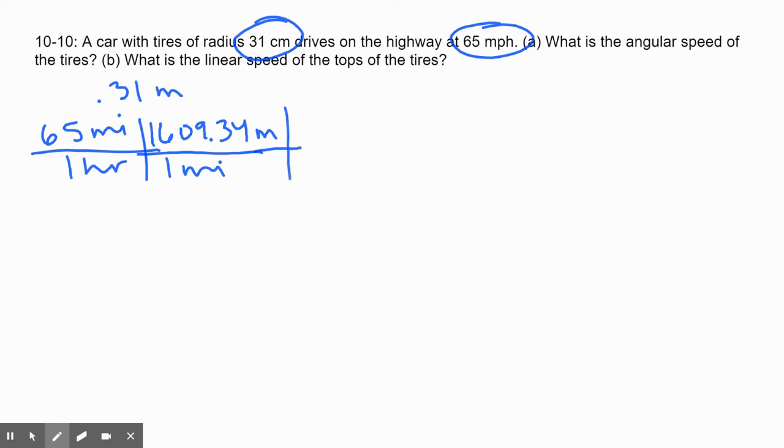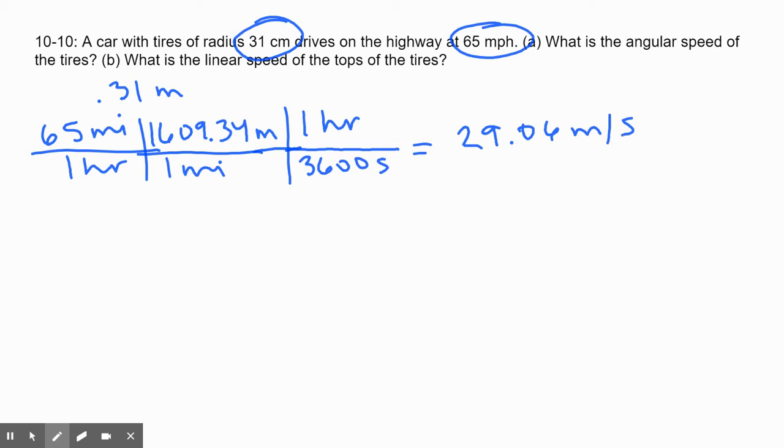But don't worry, if you needed to do that on an actual test, I would have provided you that conversion. I do not expect you to know it. Okay, 1 hour. So let's put an hour on the top, 3,600 seconds on the bottom. And you'll find that it is 29.06 meters per second.